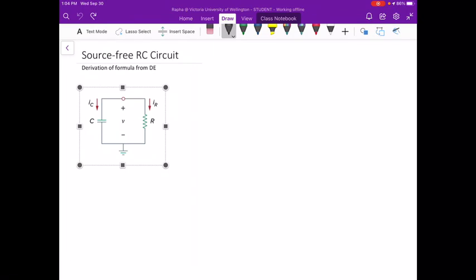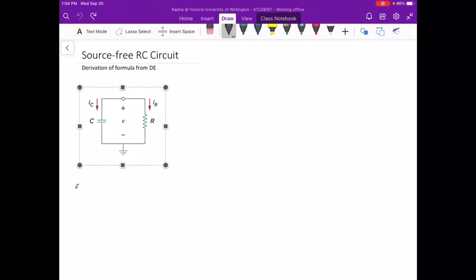So at this point, let us derive the formula for a source-free RC circuit, a formula that will enable us to calculate the voltage with respect to time in a source-free RC circuit.